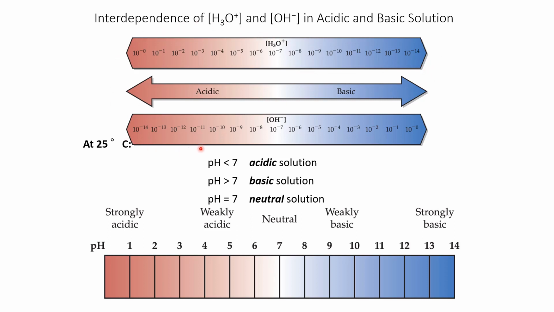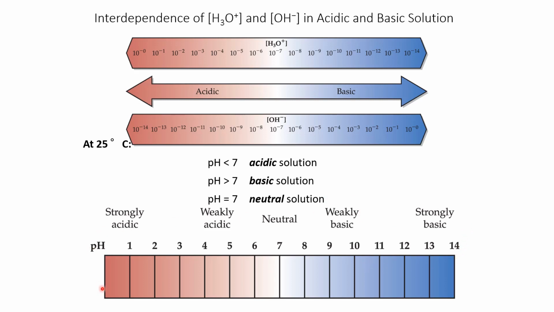And on this end, on the acidic end, the H3O plus is greater than the hydroxide concentration. And so a pH less than 7 is acidic, a pH greater than 7 is basic, and a pH equal to 7 is neutral. We're going to get into how to calculate those in the next video.